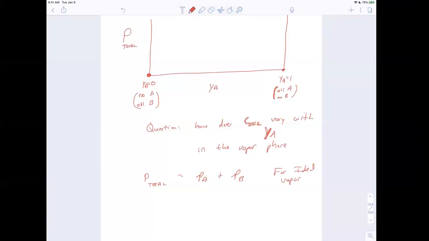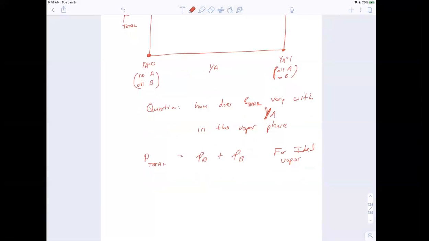And we know that the partial pressure of A for an ideal gas is just going to equal the composition times P total. And for B, it's going to be Y sub B times P total. Okay, that's fairly straightforward.